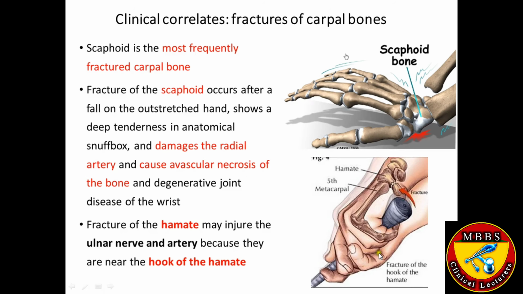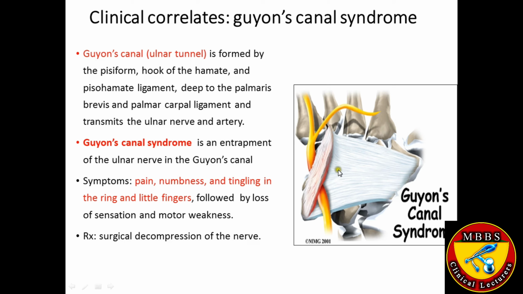As in this picture, the ulnar nerve and artery can become damaged at the hook of the hamate, and from here the ligament is attached just above these bones, forming the small canal for the passage of the ulnar nerve and the ulnar artery.